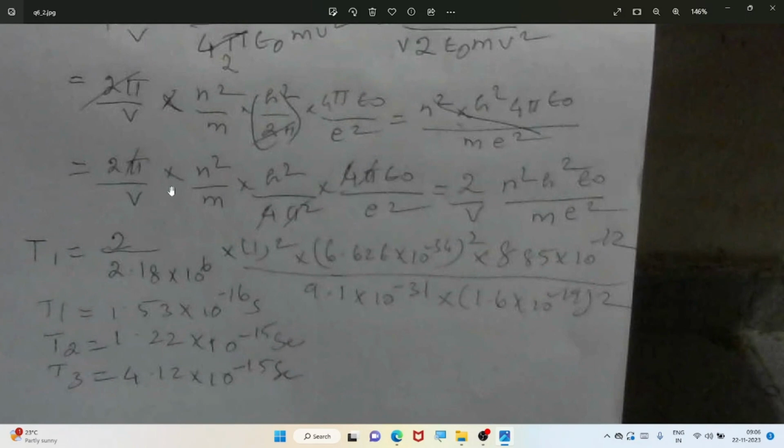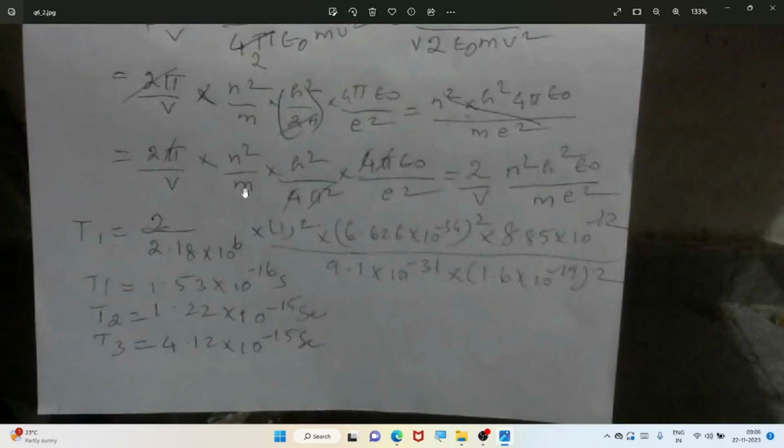Now this formula for the radius is given in the book. Okay, 2 pi r by v. For the r I am substituting the formula from the book. After substitution this will become like this. Then you compute the period. Instead of r you are using that formula, then you will get this answer.